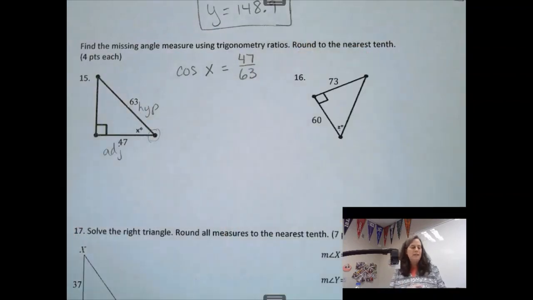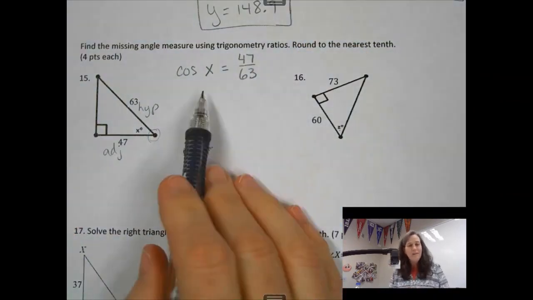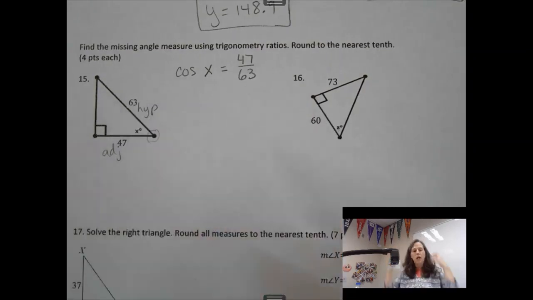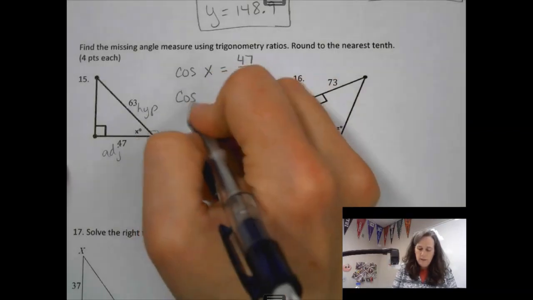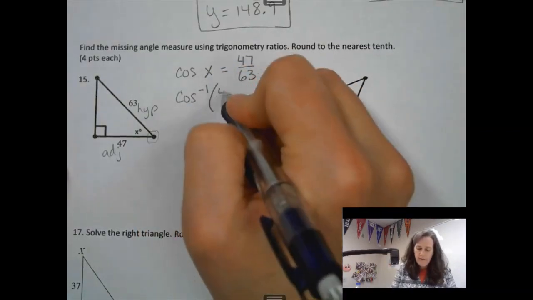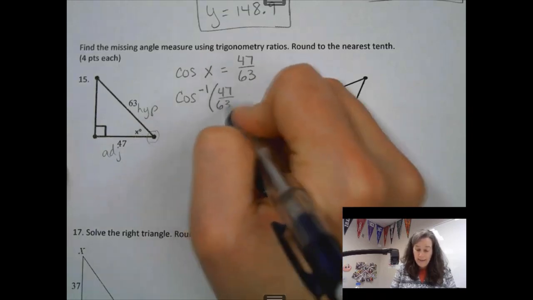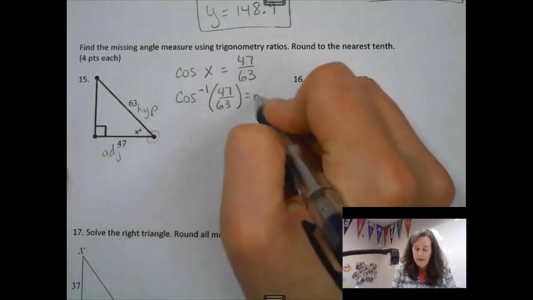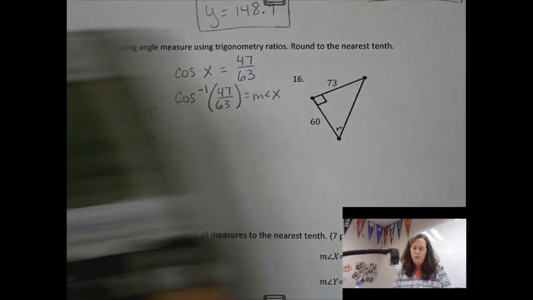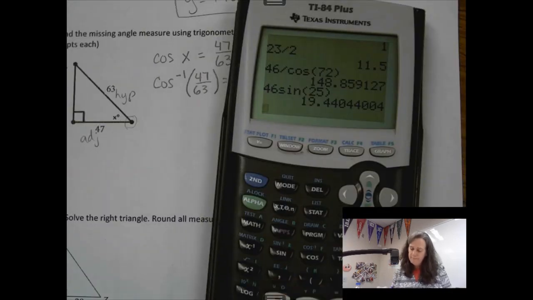Now remember, when it's missing the angle, we have to do the inverse. We have the answer and we have to undo it to find what angle that started with. So we do the inverse of the cosine. And then we take the answer that we had, and that will give us the measure of that missing angle. Still putting it in the calculator though.